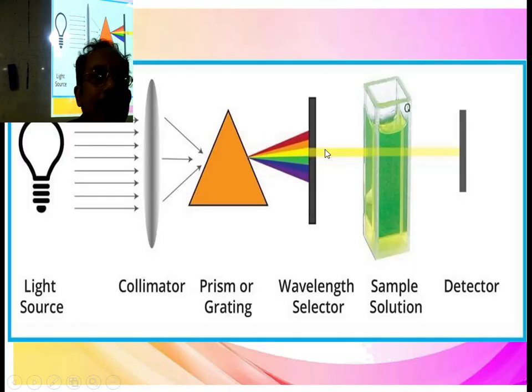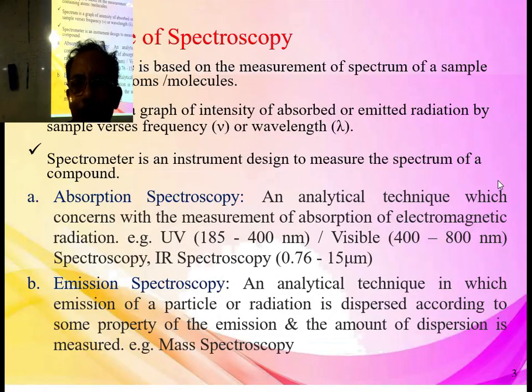Now through a slit we collect only one beam, let it be green, let it be yellow, only one beam. It is then filtered into a single wavelength, passes through the sample holder containing the sample solution, and finally goes to the detector. So this is the overall scheme for UV visible.